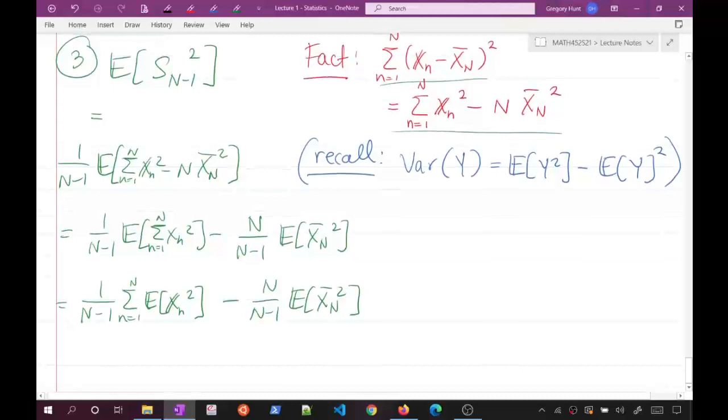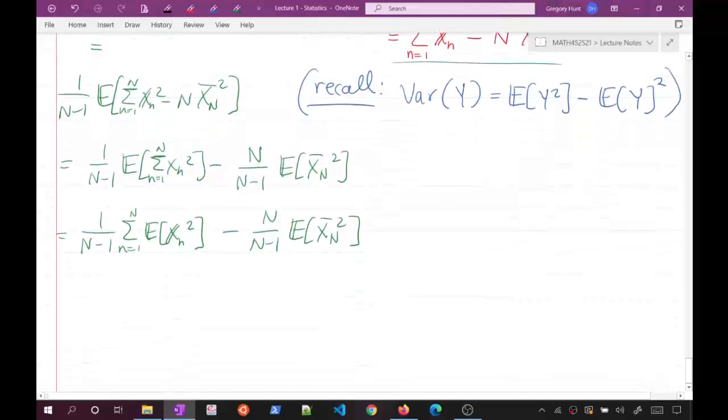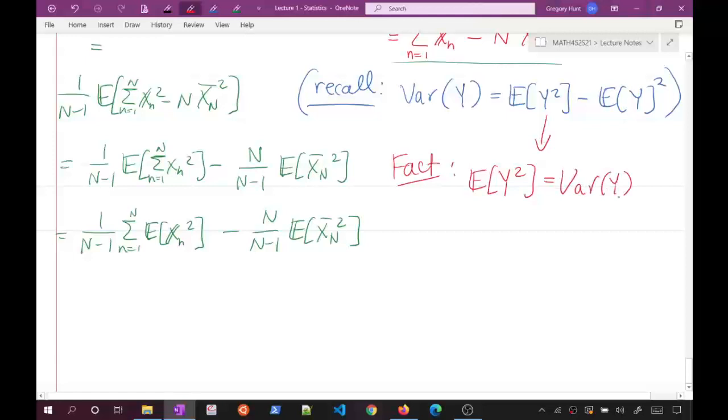The second fact I want to bring in here: I can rearrange this formula, and say that for any random variable y, the expected value of y squared is going to be the variance of y plus the expected value of y, squared. I'm just rearranging my variance shortcut formula.